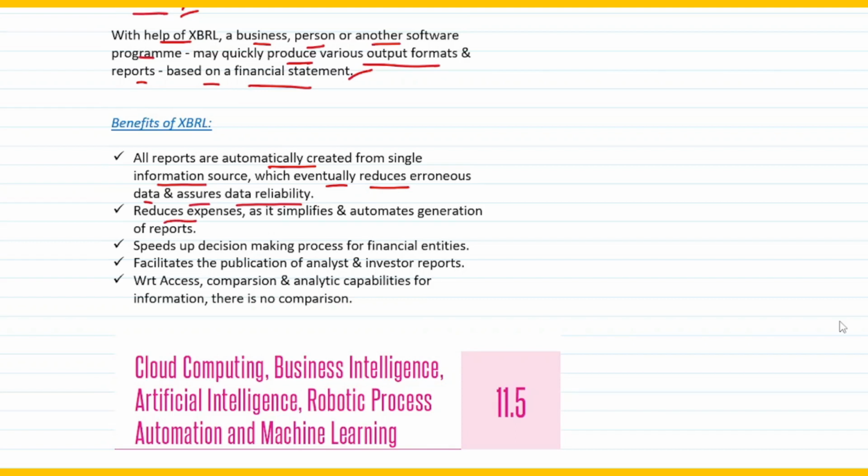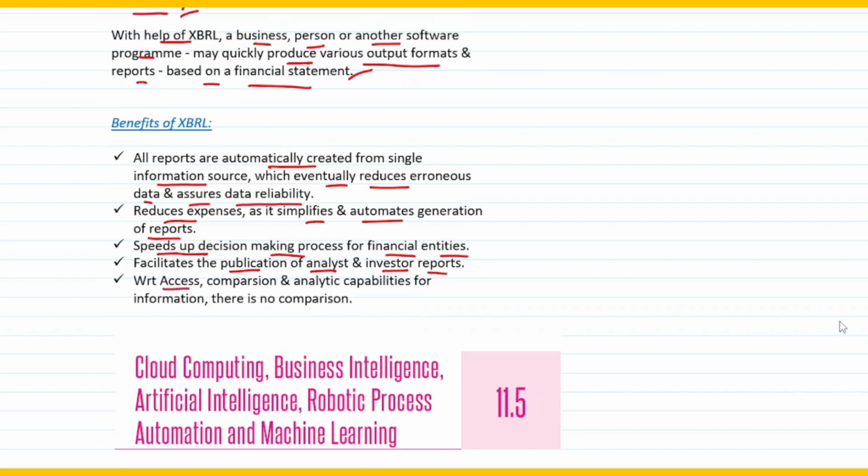It reduces expenses, obviously, because it simplifies and automates generation of reports. You don't need any dedicated manpower for it. There is a system which automates it, hence it reduces your expenses also. Then it can speed up the decision making process for financial entities. Then it facilitates the publication of analyst and investor reports.